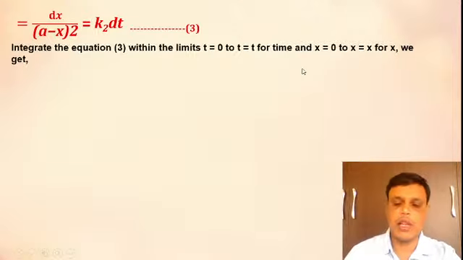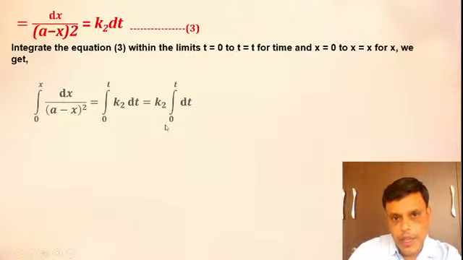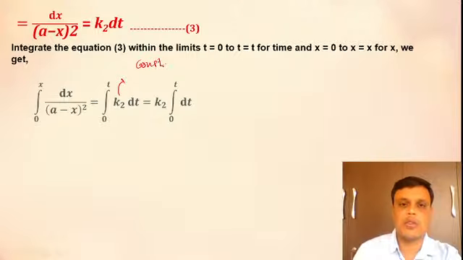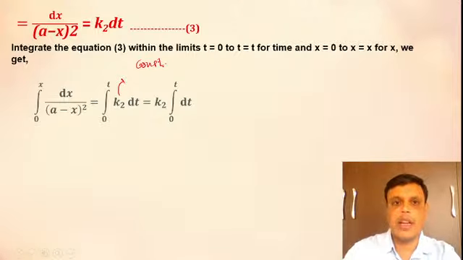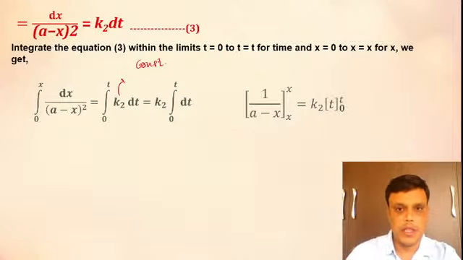We will get integration 0 to x of dx by A minus X whole square, equal to integration 0 to t of K2 dt, which is K2 times integration 0 to t of dt. Why have we taken K2 outside? K2 is a constant, the rate constant for a second order reaction. So we will get this equation after rearranging, and then we will solve it.